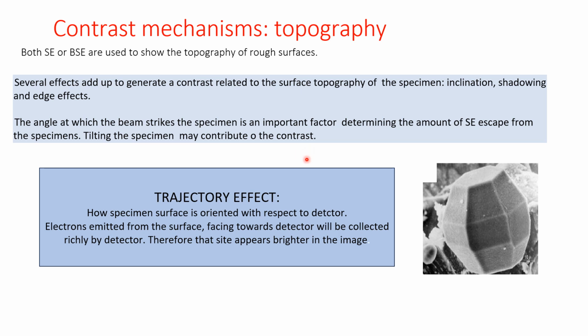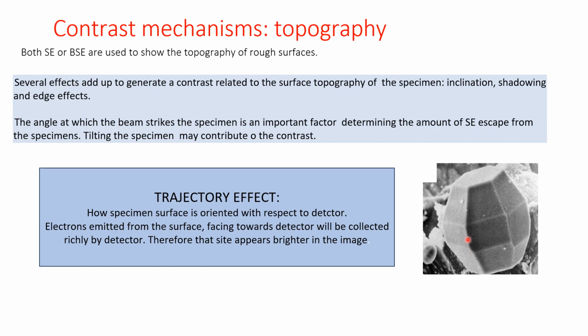The angle at which the beam strikes the specimen is an important factor in determining the amount of secondary electrons escaping from the specimen. Tilting the specimen may contribute to the contrast, as the electrons emitted from the surface facing towards the detector will be collected richly by the detector. Therefore, that side appears brighter in the image.